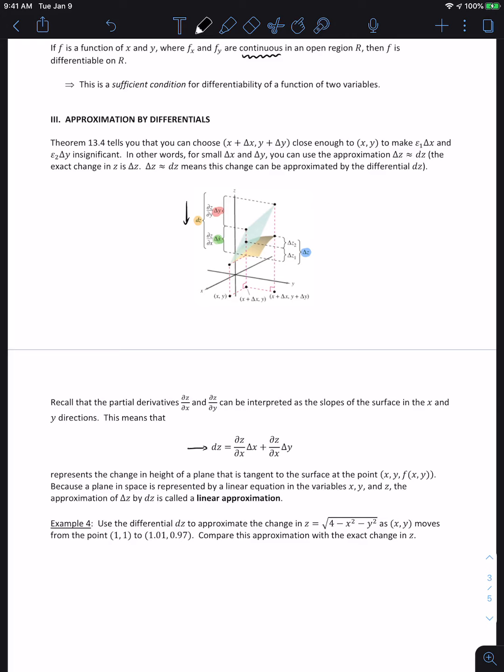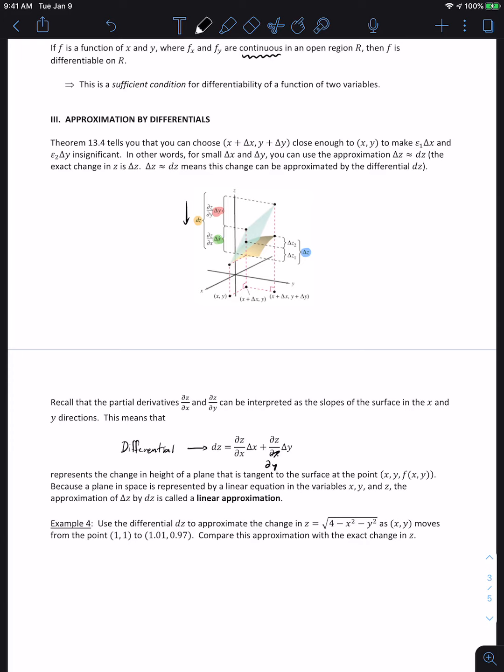This means that dz, our differential, is equal to the partial derivative with respect to x times delta x plus the partial derivative with respect to y times delta y. So this means that differential represents the change in height of a plane that is tangent to the surface at the point (x, y, f(x, y)).